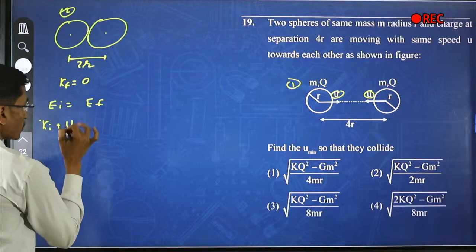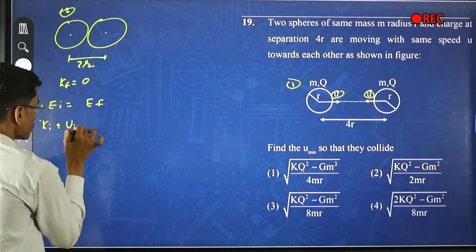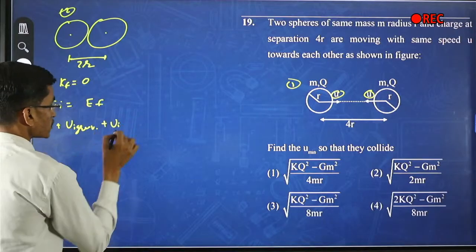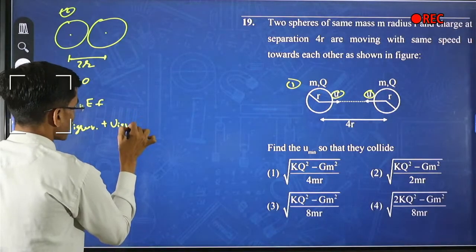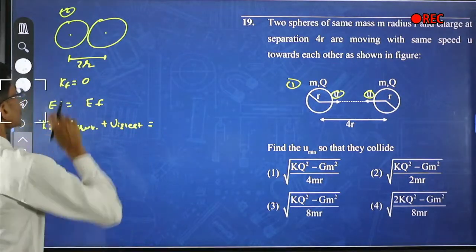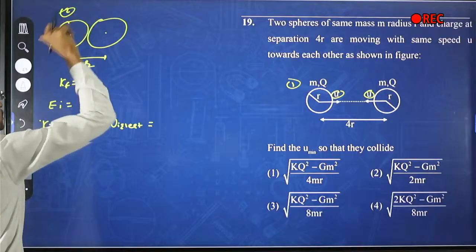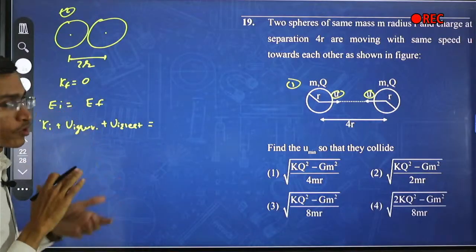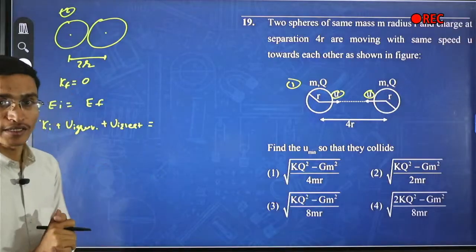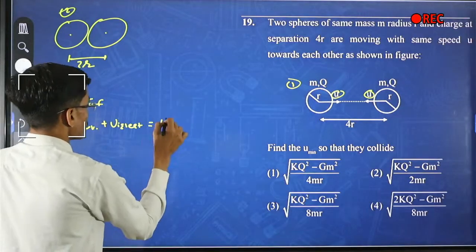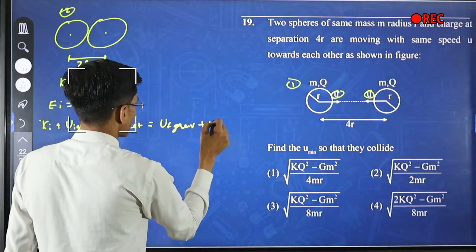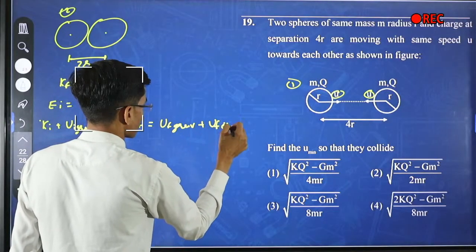In the final energy the kinetic energy will be zero, but they have a final gravitational potential energy as well as electrical potential energy, U final gravitational plus U final electric.